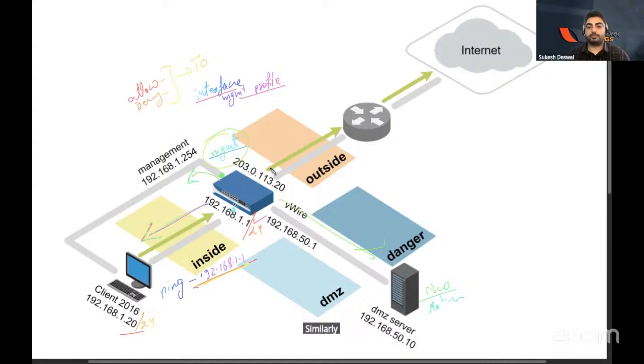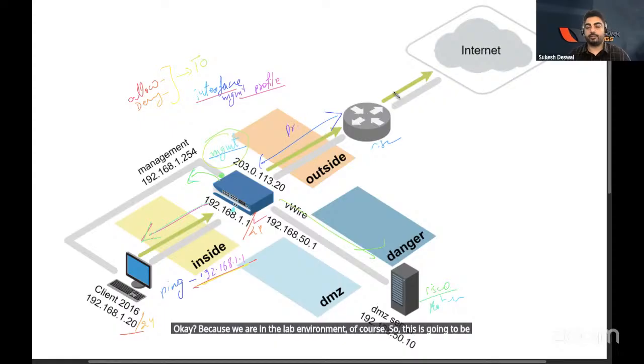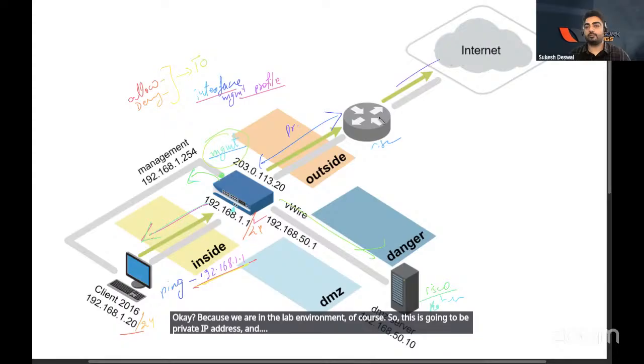Similarly, here also you have a Cisco router in our lab. This leg of our network will still be private, because we are in the lab environment, of course. So this is going to be a private IP address, and yes, this will be public.